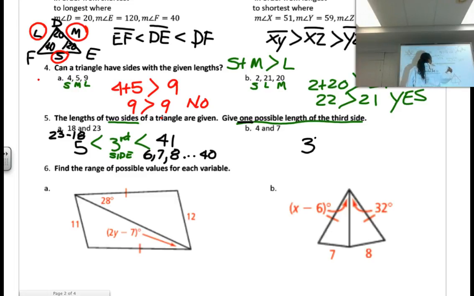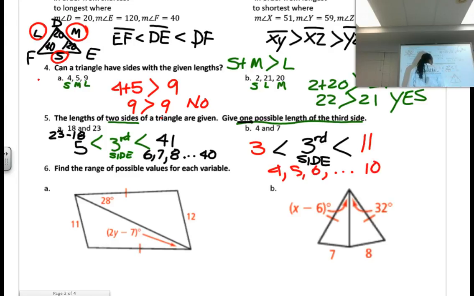Our third side has to be greater than something and less than something. 7 minus 4 is a 3. 7 plus 4 is 11. So our number has to be somewhere greater than 3 but less than 11. So you can have 4, 5, 6, all the way up to 10. You can even have 10.9999.